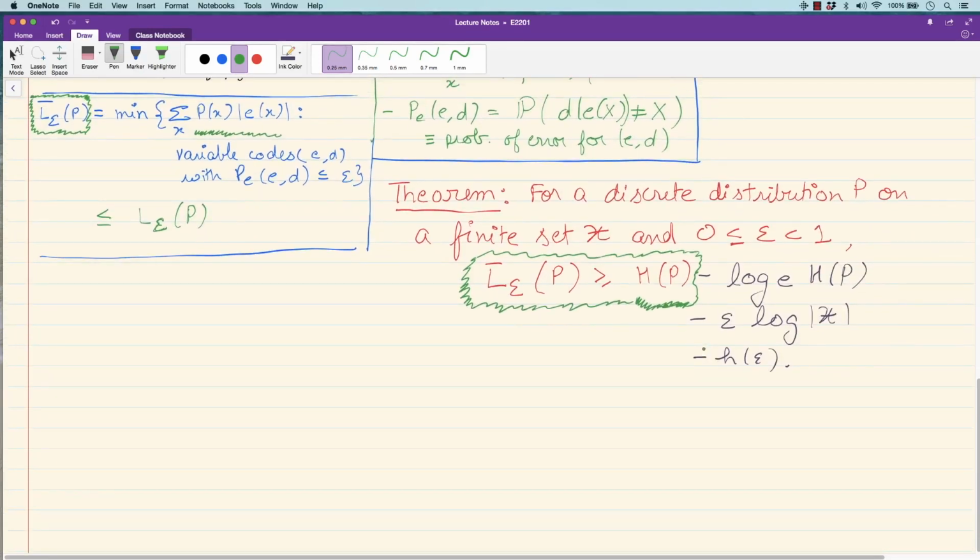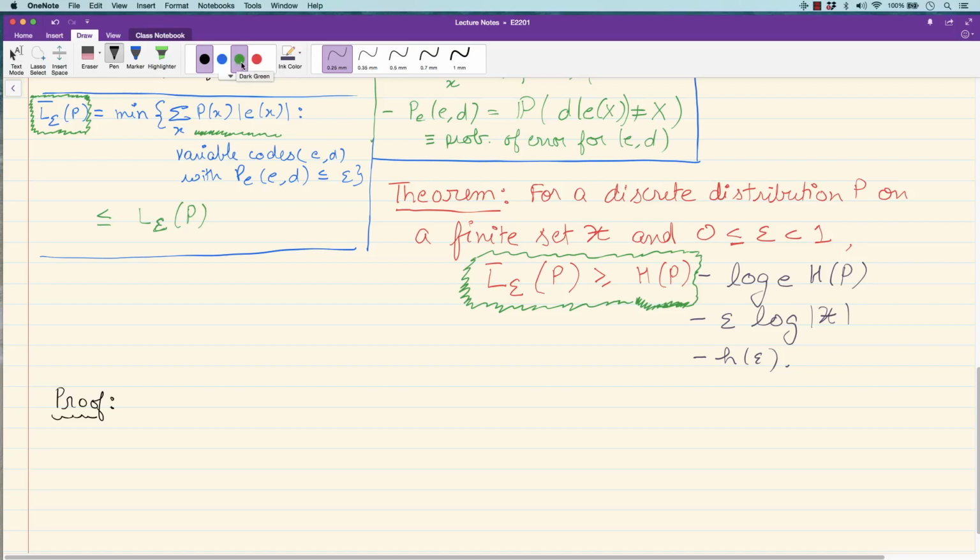Let's look at the proof of this theorem. To prove this, we will recall a result that we had seen earlier in the course. This is one of the properties of entropy for random variables on integers.